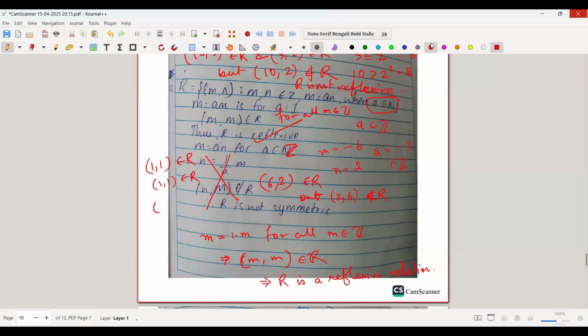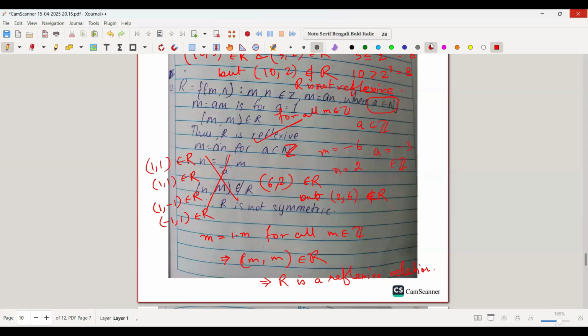So take (1, -1) belongs to R, and therefore also (-1, 1) belongs to R, and (-1, -1), this is also reflexive one. So for the example (1, -1), this relation R is symmetric, but for (6, 2), R is not symmetric. So you have to give this counter example. Okay, got it?